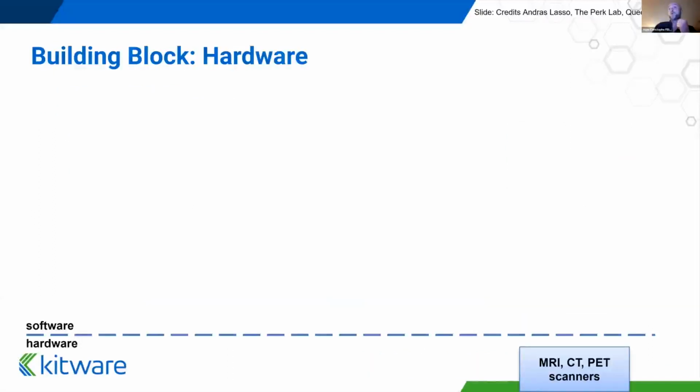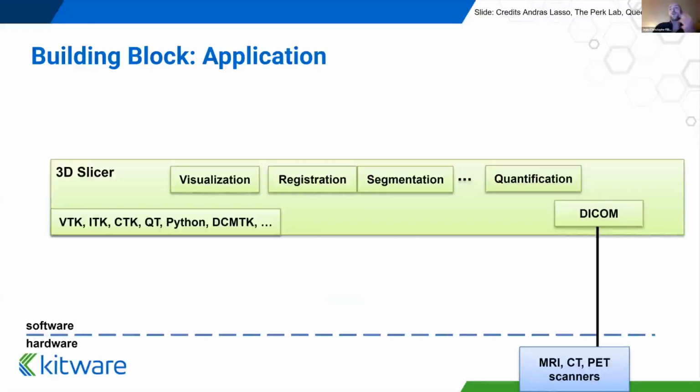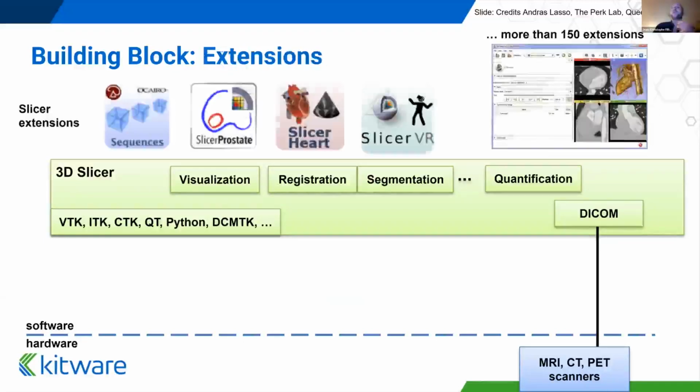And to put things in a bit more context, in that specific scenario, the building blocks, for example, you acquire data from some hardware, scanner, MRI, and whatnot. And then you have your application that provides some modules. On top of that, you have a broad collection of extensions that specialize the functionality.